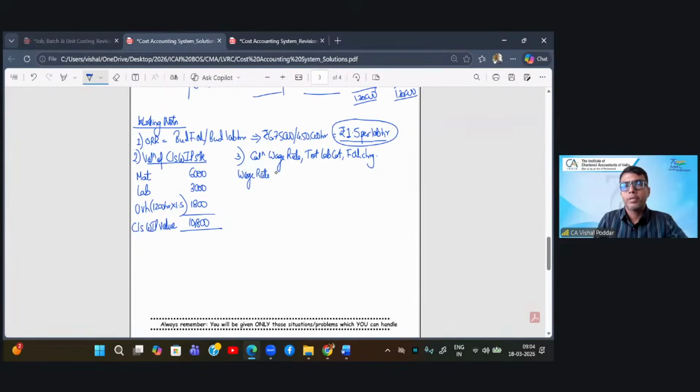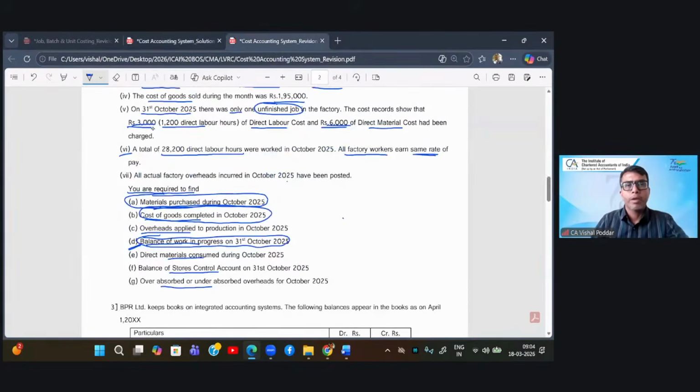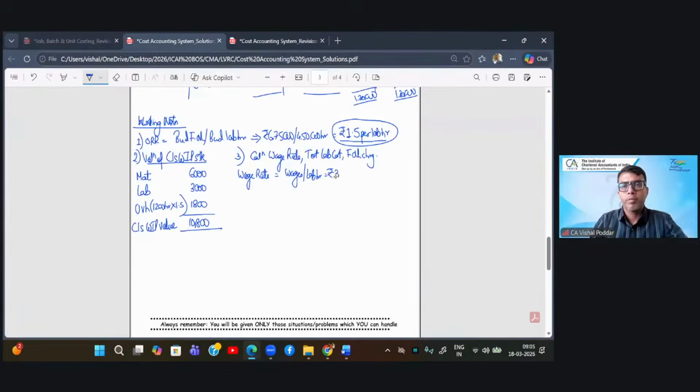Wage rate is nothing but wages upon labor hours. How much is wages? See, interestingly, in the previous adjustment, they had given 3,000 for 1,200 labor hours. So from here, you get a clue at what rate wages are paid. So 3,000 was labor cost, 1,200 was hours. So it is rupees 2.5 per hour. So your wage rate is 2.5 per hour.